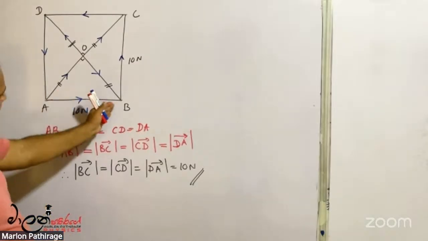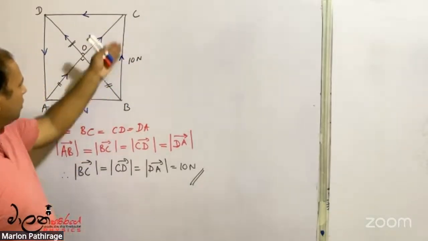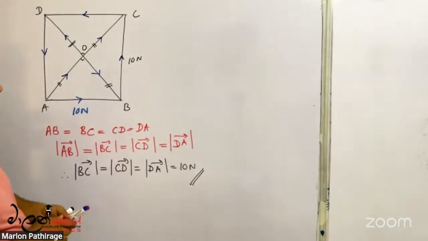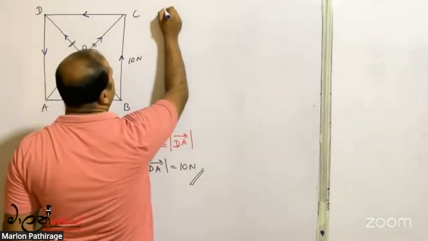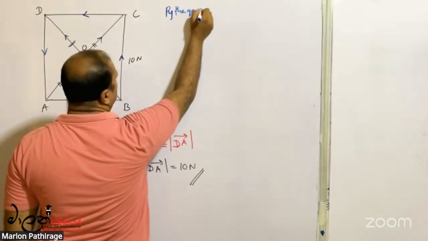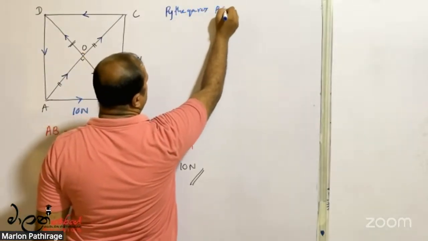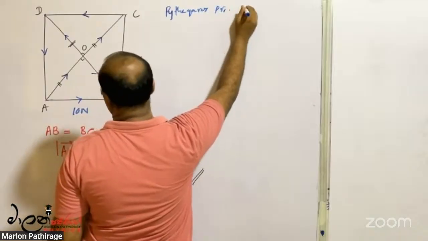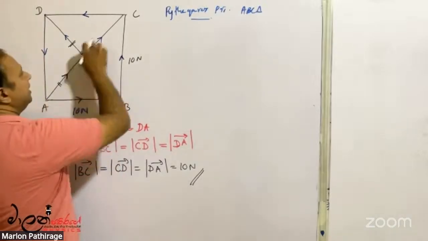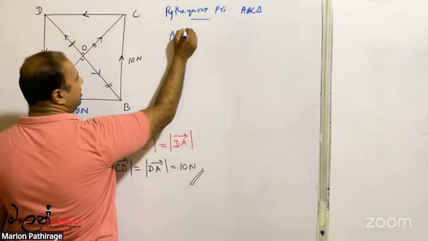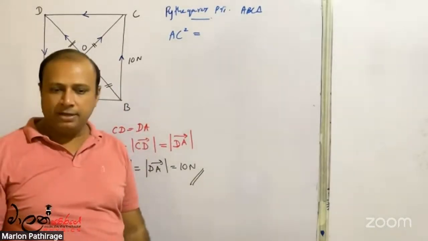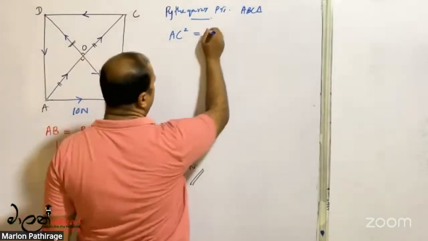Therefore, if it is 10 Newton and if it is 10 Newton, then you can determine AC length. If I apply Pythagoras principle to the ABC triangle, then AC squared is equal to 10 squared plus 10 squared.